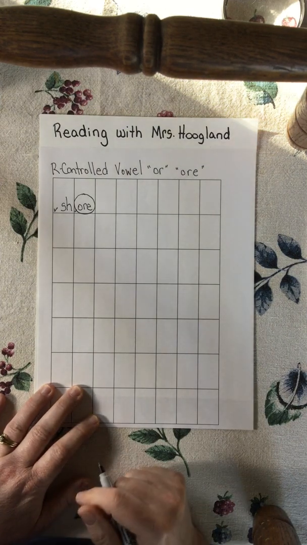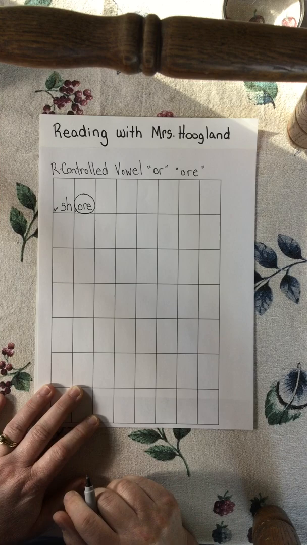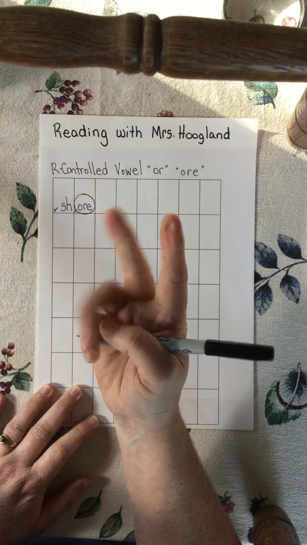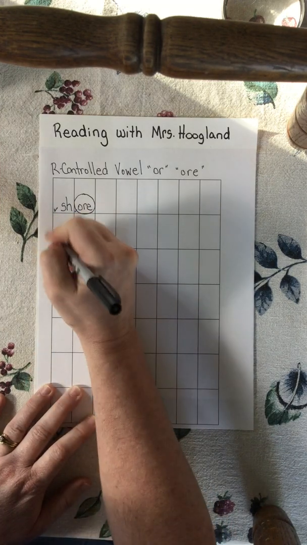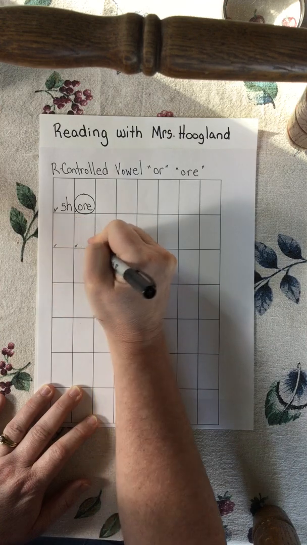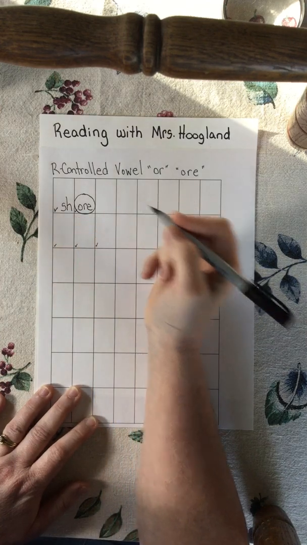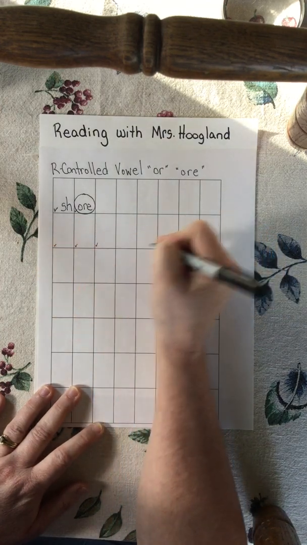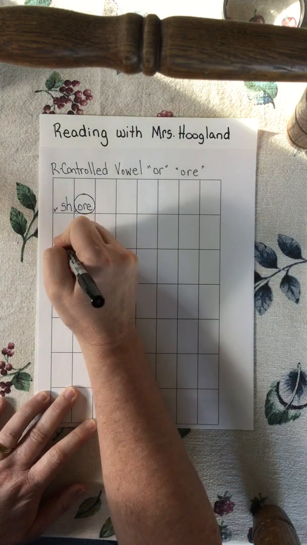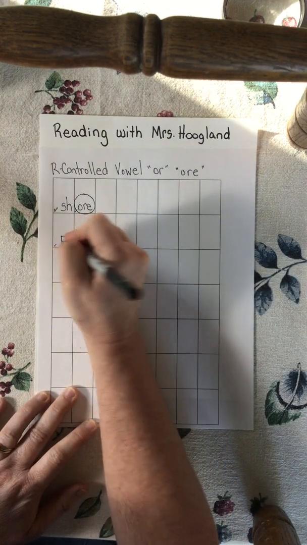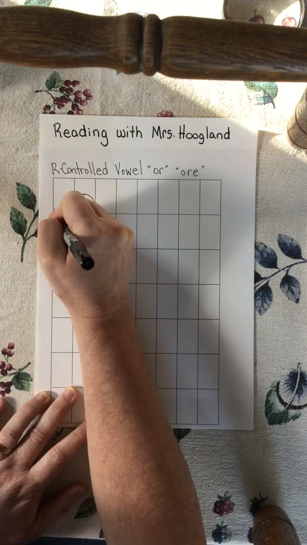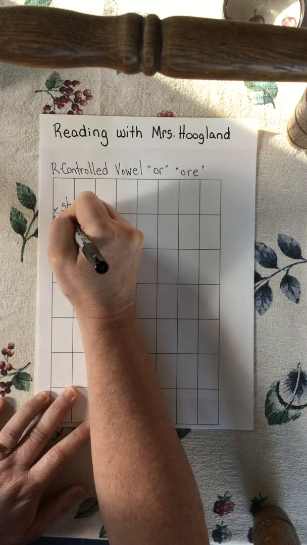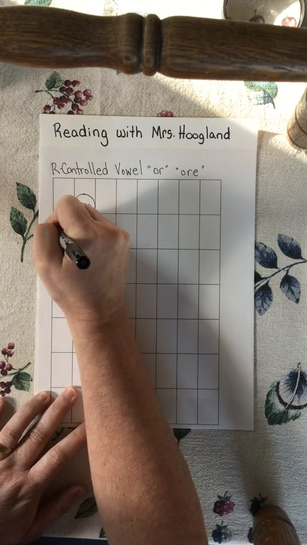The next word is Ford, like the type of truck. Ford. 3 sounds, 3 check marks. If you don't have paper with boxes, you can just draw lines for each sound. Now the F can be made by an F, a double F, a PH, or a GH.